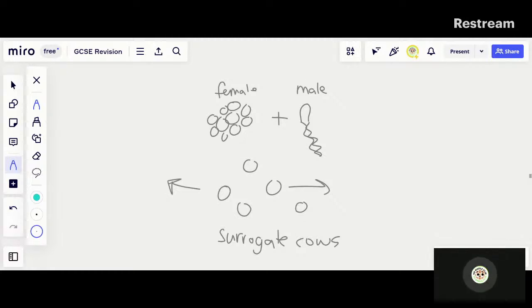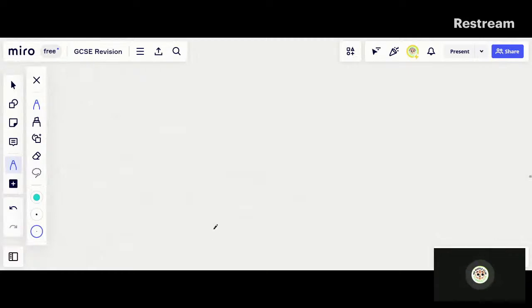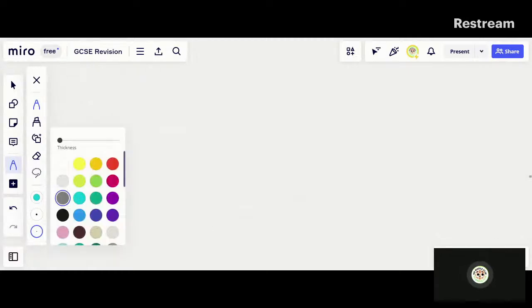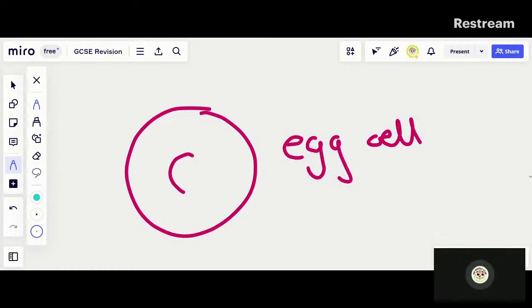Now, adult cell cloning is another way in which clones are made. So what you do is you take an unfertilized egg cell, you then denucleate it, which just means remove the nucleus. So imagine this is a nucleus.